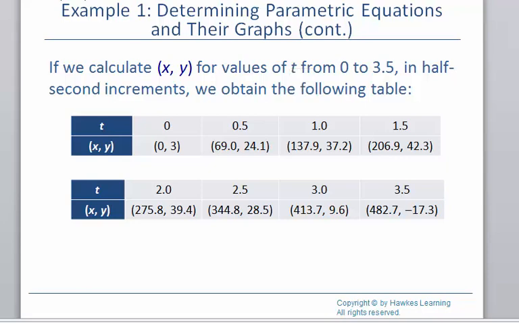So I'm going to select one of these and walk you through where those values came from. Let's look at the place where t is equal to 1. I'm going to take my equations that I came up with just a minute ago. We started with the y, and the y equation looked like this.